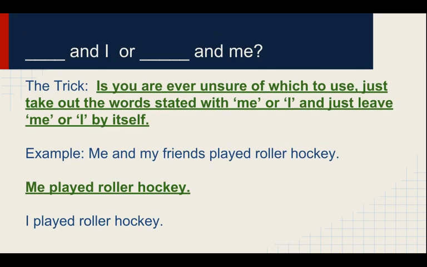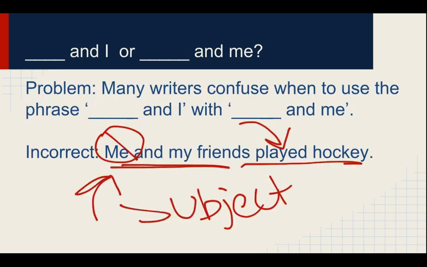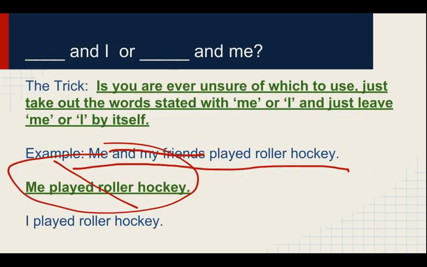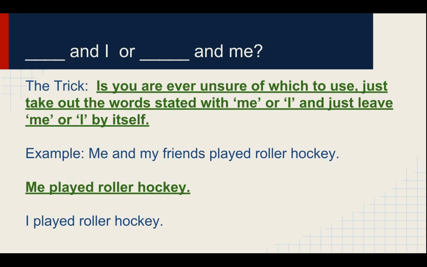The same thing works when you're using me or I. So if I said, "Johnny threw the fishing net at Taylor and I," you wouldn't say "Johnny threw the fishing net at I," you would say "at me."